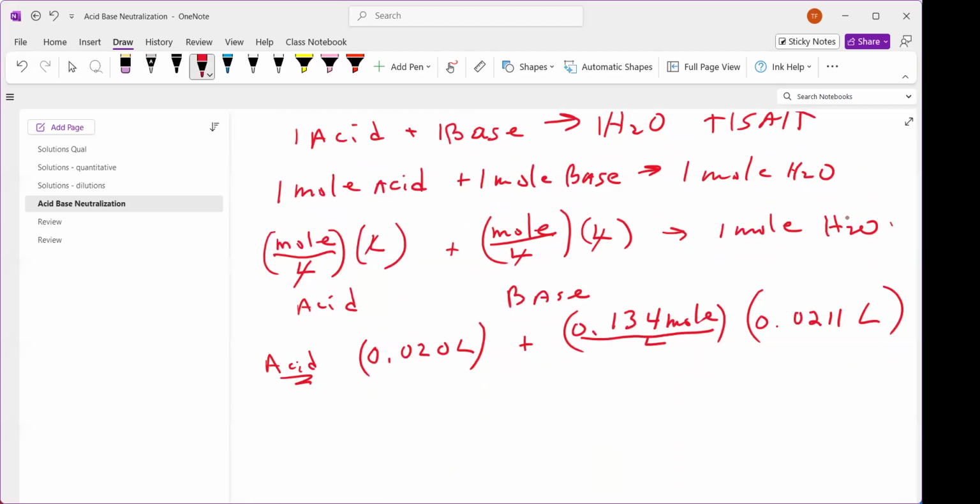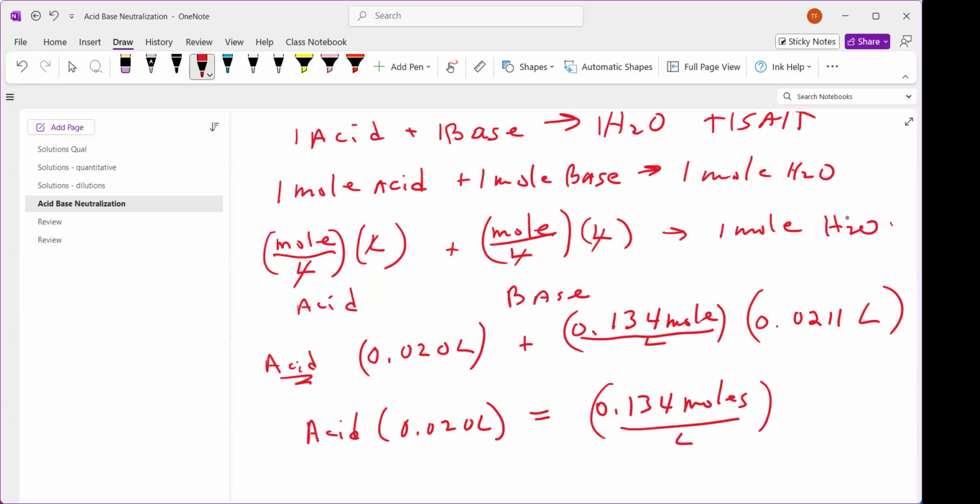That means those are equal. Only at perfect neutralization.